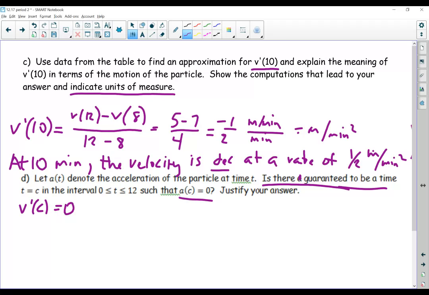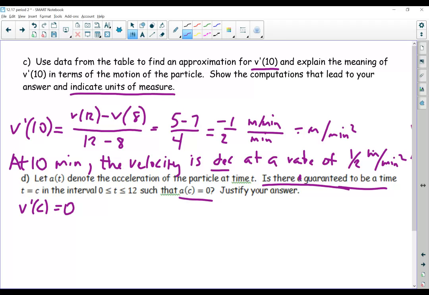Now, anytime we're trying to guarantee a slope, that, my loves, is MVT. Okay, so let's go back and think about what MVT says. It's the guaranteed slope theorem. It says the slopes that we can guarantee are the slopes that are the same as AROC. So whenever there is an AROC equal to a number, then the IROC has to equal that number as long as the function is continuous and differentiable.